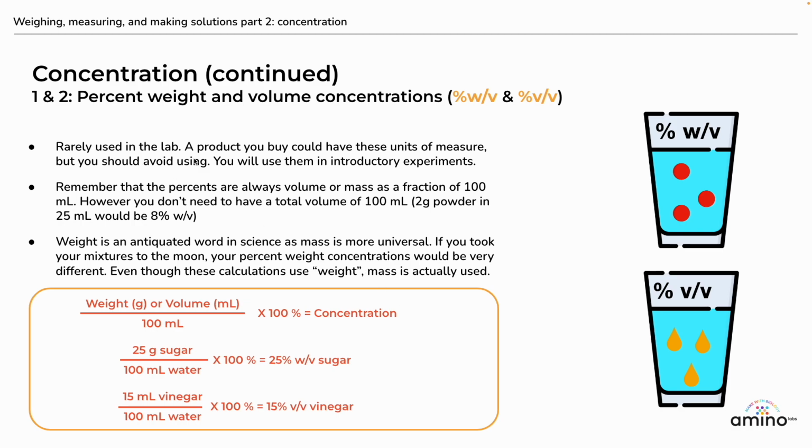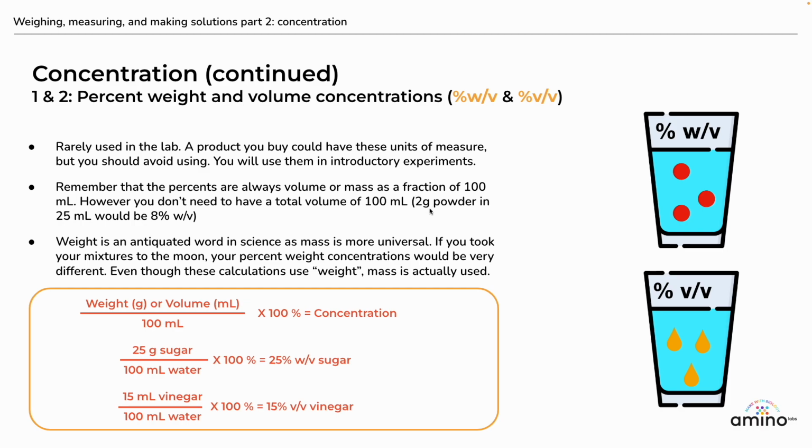So again, rarely used in a lab. Remember that these are always a volume of, you need to get to 100. And so you don't need to always have 100 milliliters. You can have less, but when you're calculating the percent, you need to modify your system so that the denominator is 100.